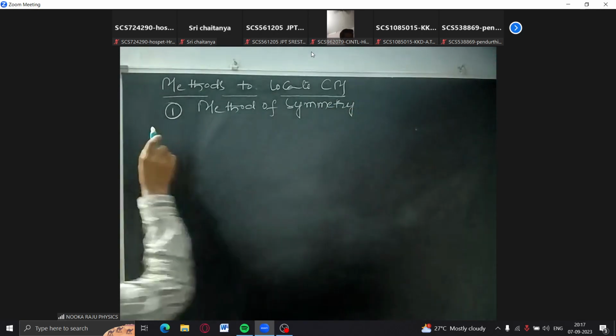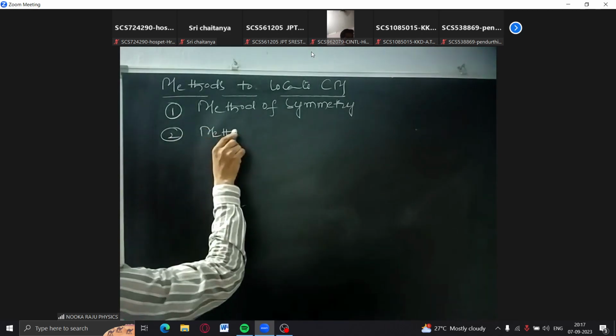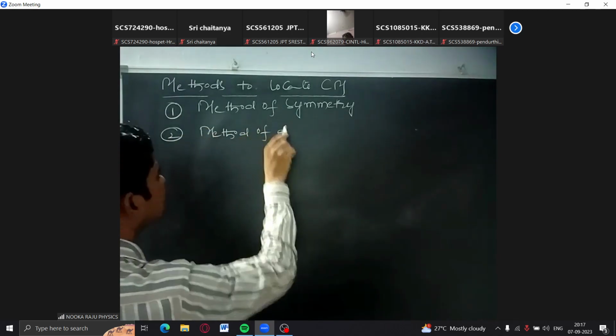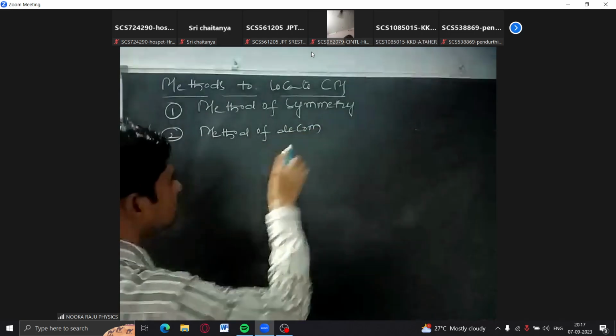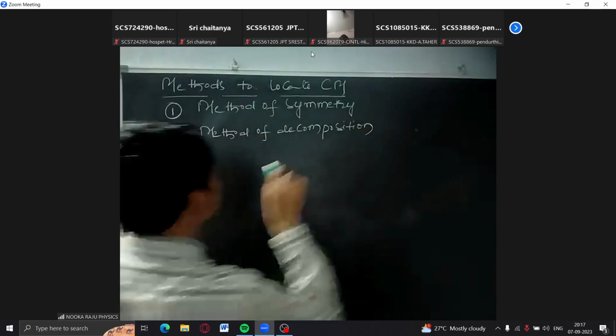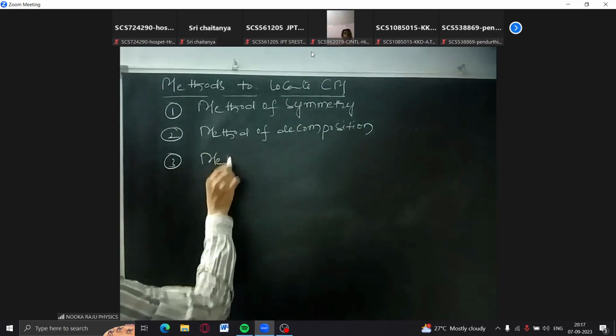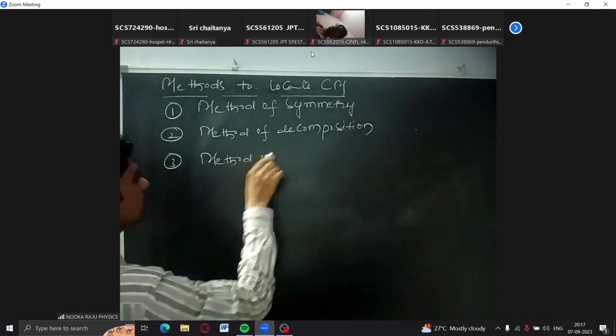Second method is method of decomposition. And third method is method of integration.